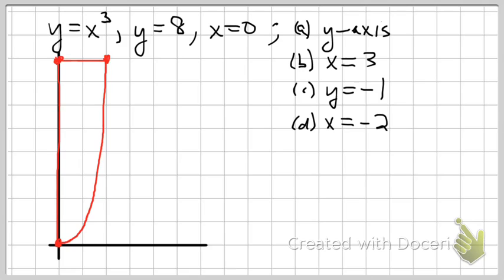So we'll start out spinning around the y-axis. Now, how would you slice this if you wanted discs? Slice horizontally and you'll make discs.